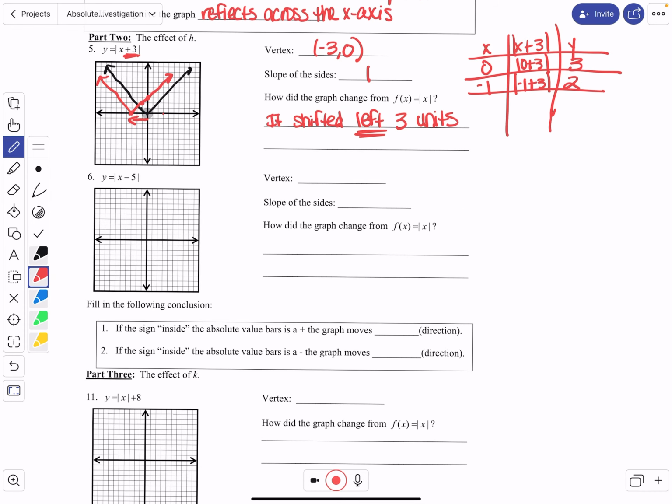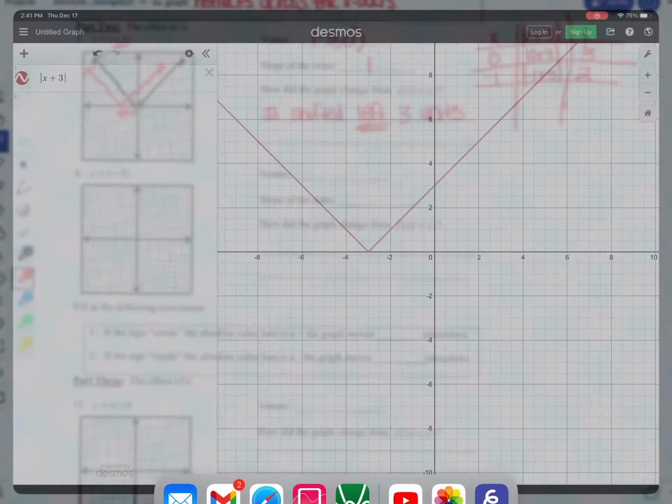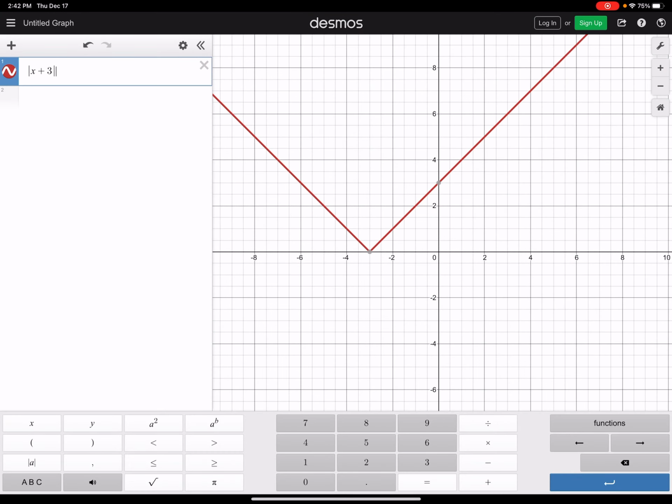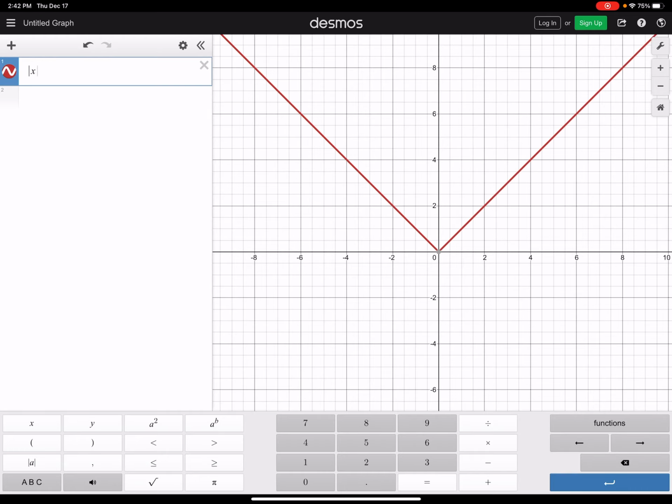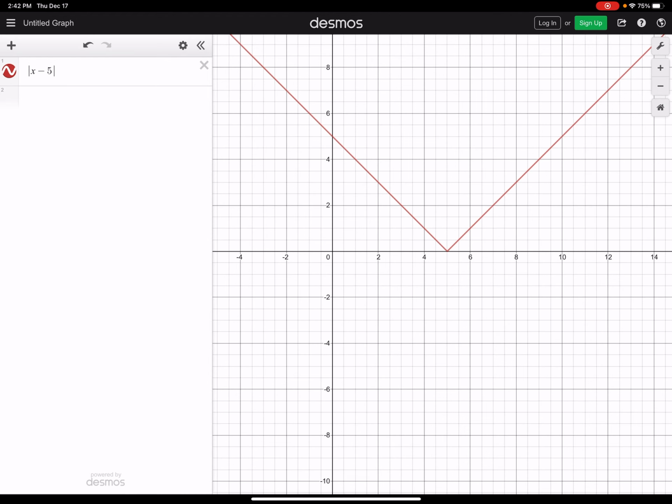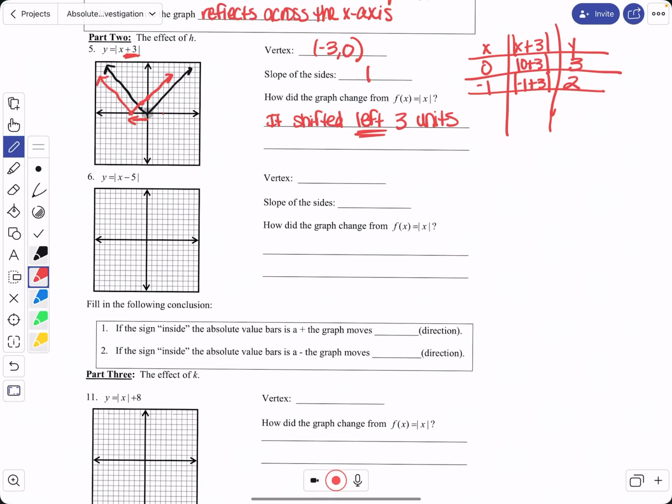If we look at number 6, if we go to Desmos for it, we have the absolute value of x minus 5. Its vertex, if we click on it, is at 5, 0. So its vertex, 1, 2, 3, 4, 5, is at 5, 0. My slope hasn't changed.